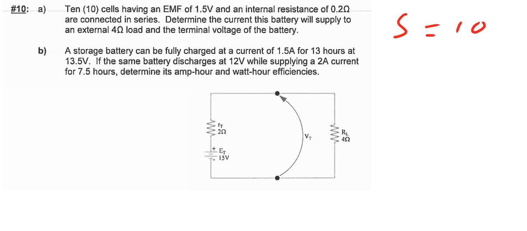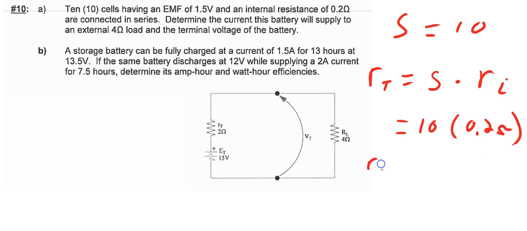Now, if you refer to the formulas that have been provided for batteries, you'll find that when cells are connected in series to form a battery, we can find the total internal resistance of the battery by saying that S multiplied by the total internal resistance of a single cell gives us the internal resistance of the battery. So here we have 10 multiplied by 0.2 ohms, or a total internal resistance of 2 ohms.